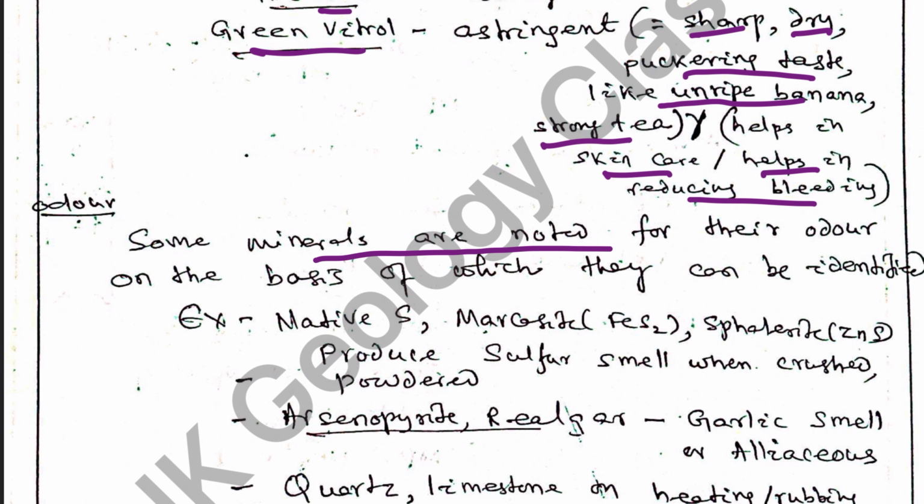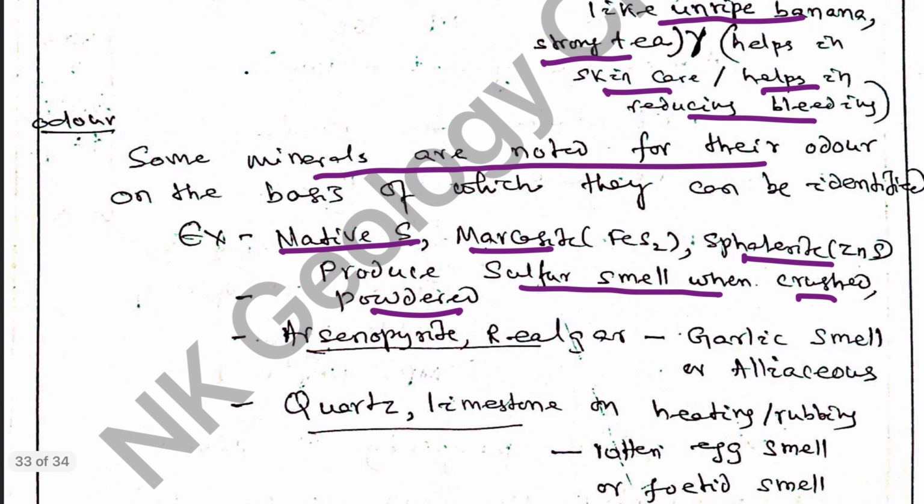Some minerals are noted for their typical odor: native sulfur, marcasite, sphalerite, they produce sulfur smell when crushed or when they are powdered, sulfurous smell. Arsenopyrite, realgar, they give rise to garlic smell, or they are said to be alliaceous.